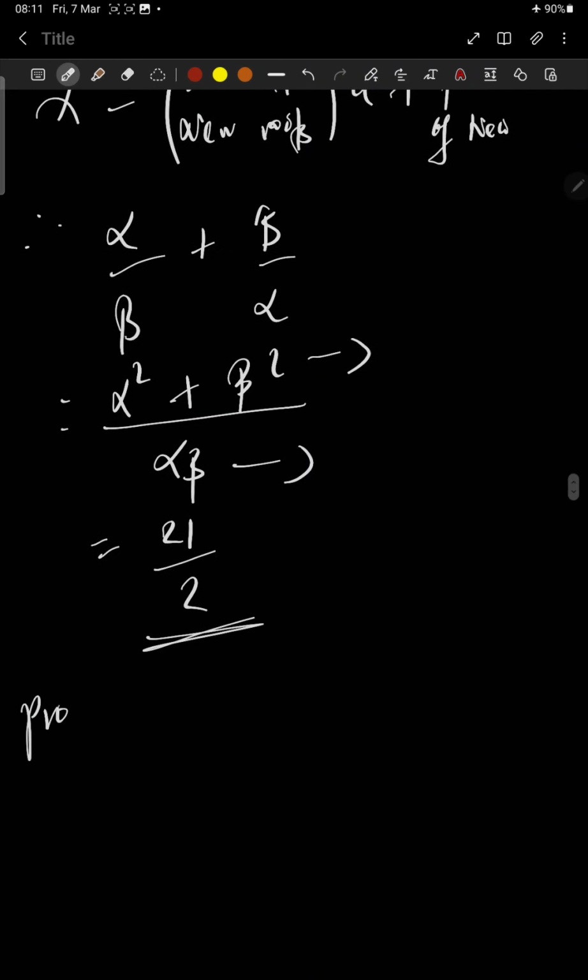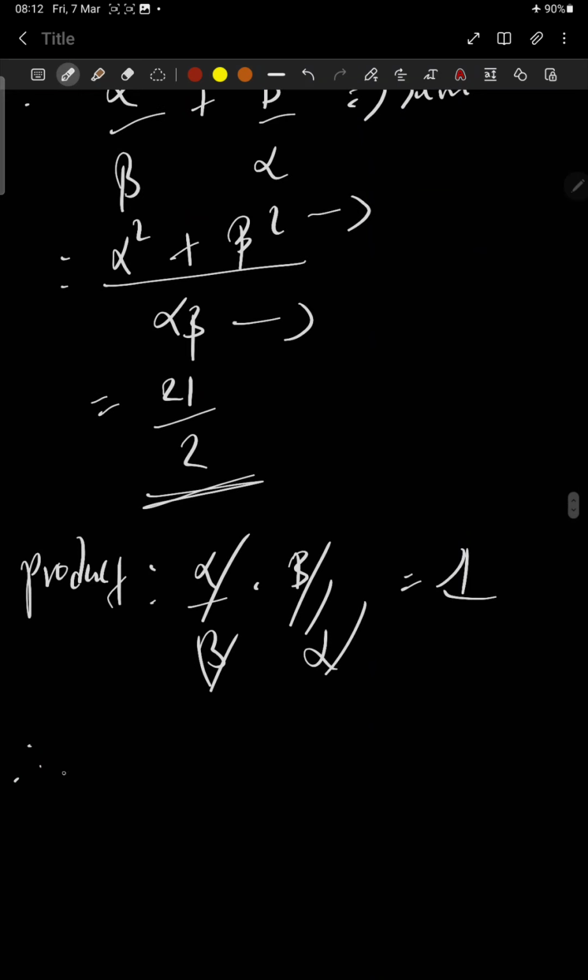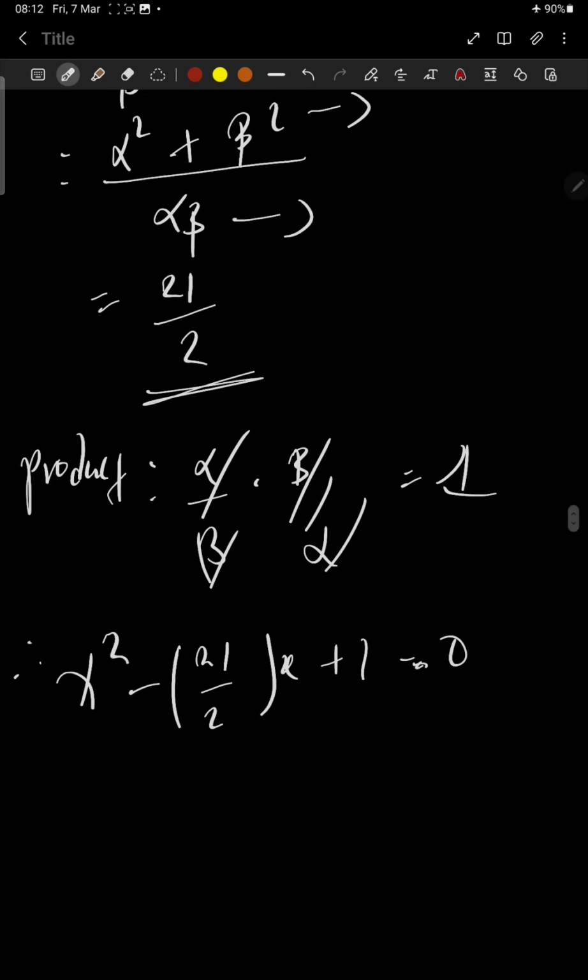So now let's find the product. This was a sum. So product will be alpha over beta times beta over alpha. So this will cancel and the answer will be 1. So therefore our new equation will be x squared minus the sum, which is 21 over 2, x plus 1 equal to 0. What's a common denominator?